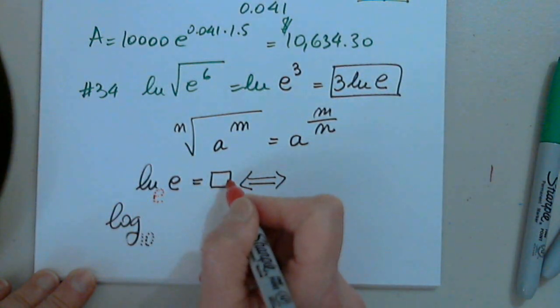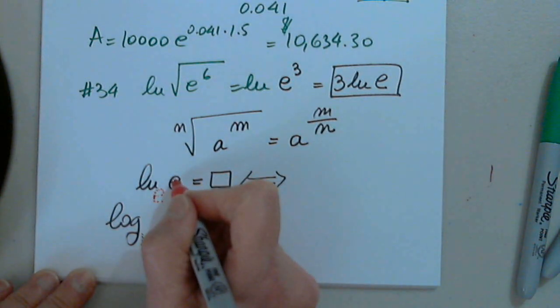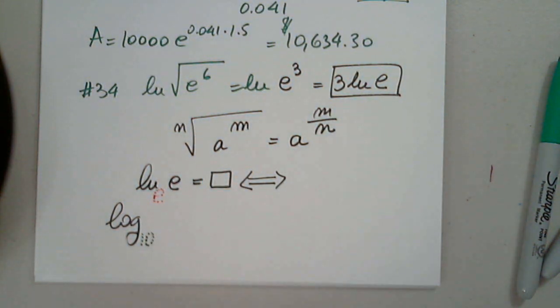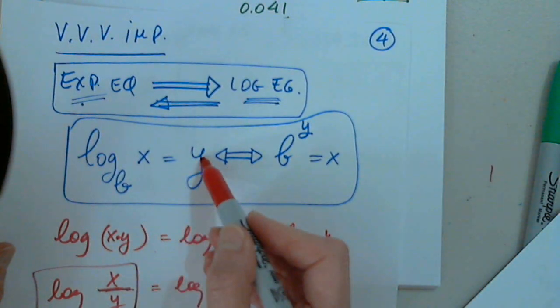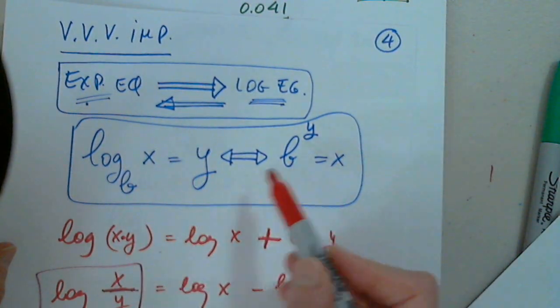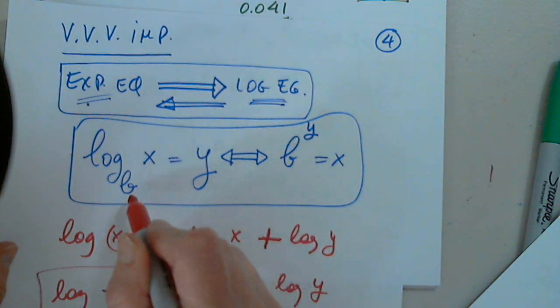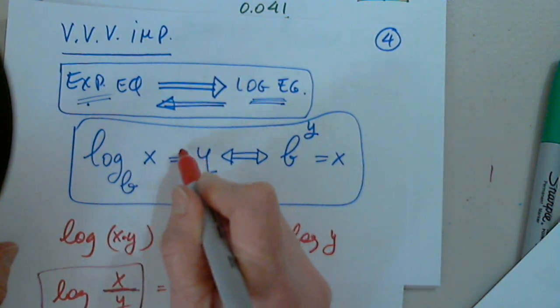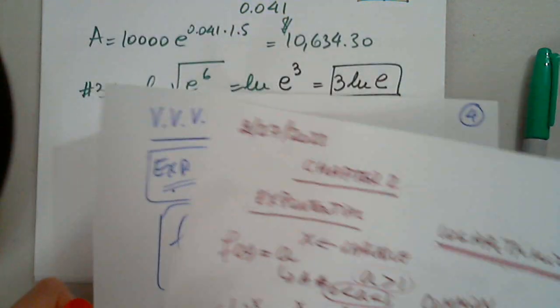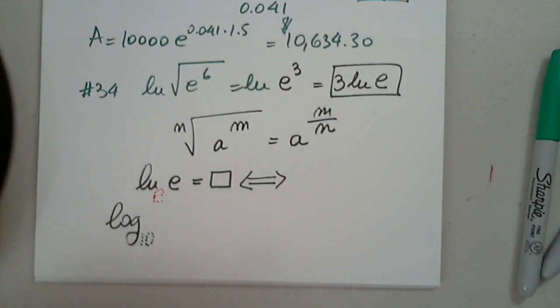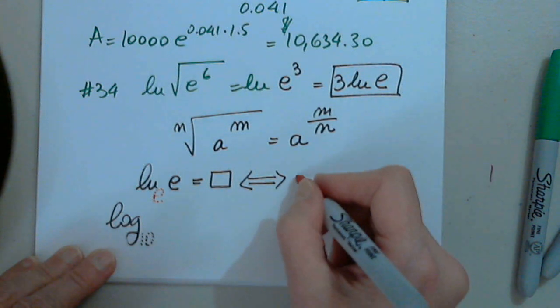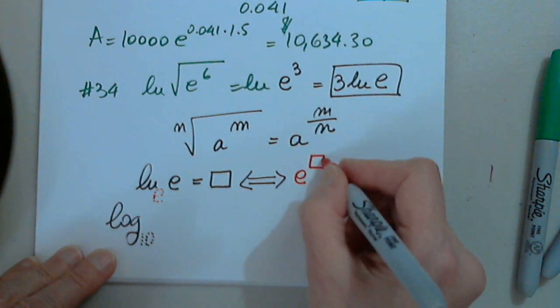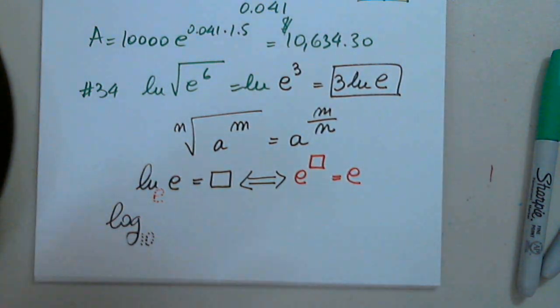So E to this power equals E. This to this power equals this. Counterclockwise, starting with the base. B raised to y equals x. So E raised to this equals E. What could be in that box?